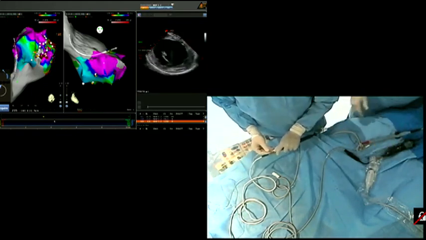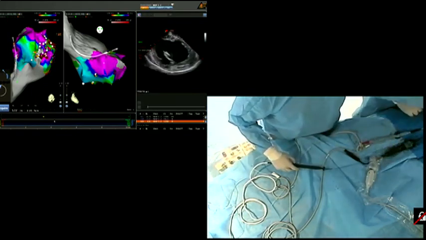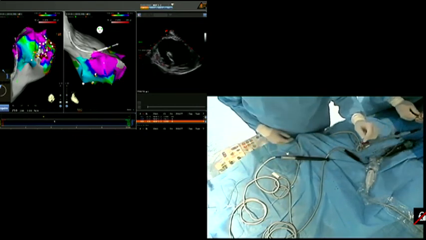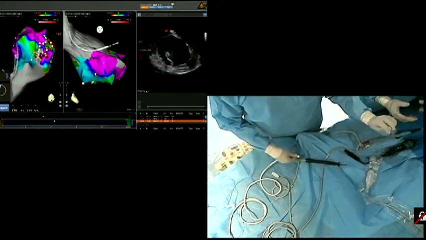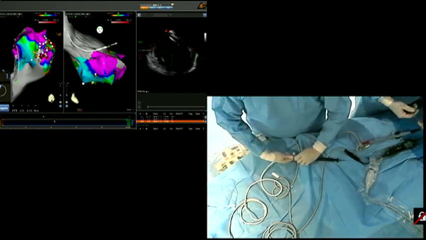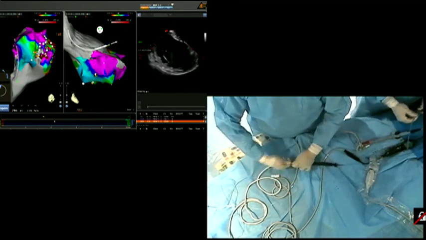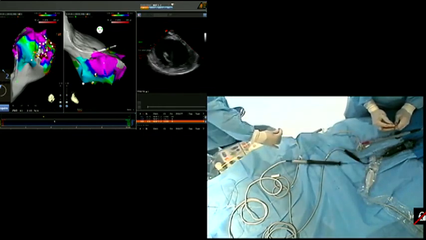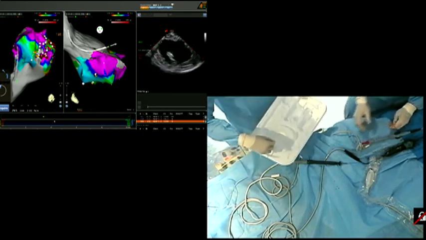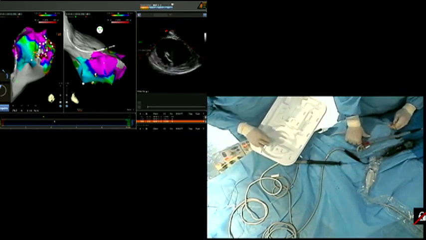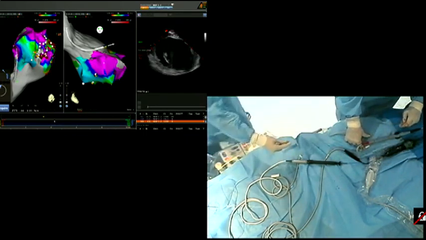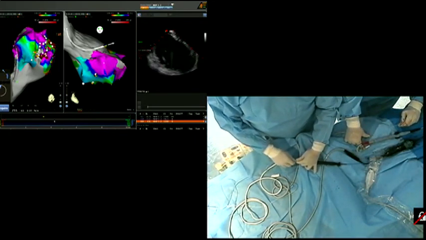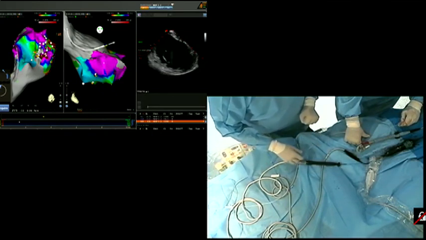Well, let's do some washing. Now we are washing, and then we will pass the pentarray so that you can see how it works. Okay, irrigation is ready.